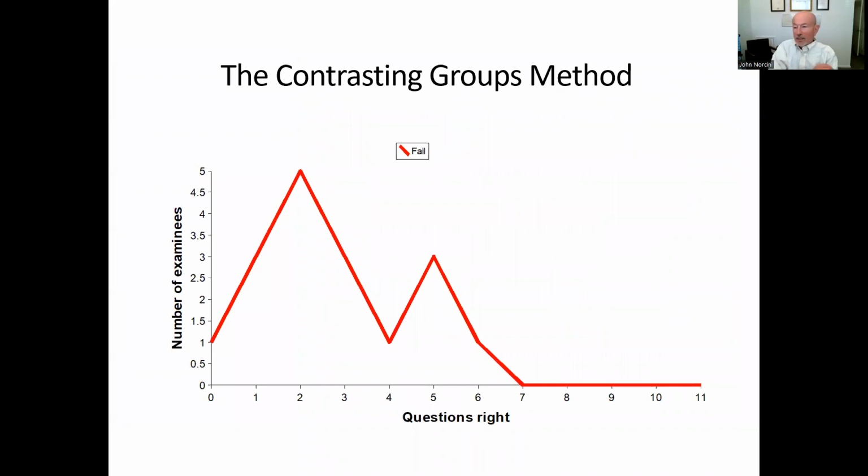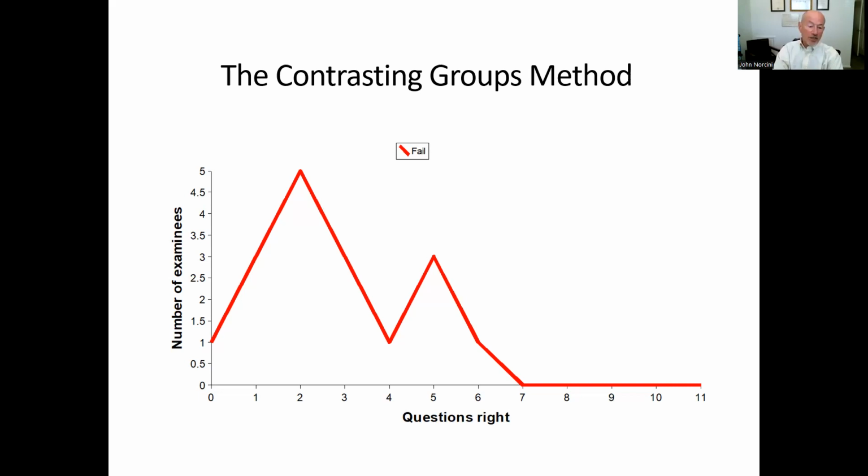So let me take you to the picture because, again, I think this is easier. This is a paper with an MCQ exam with 11 questions on it. We gave the papers to the judges. The judges categorized each one as pass or fail. And the first thing you do is graph those who the judges thought failed.